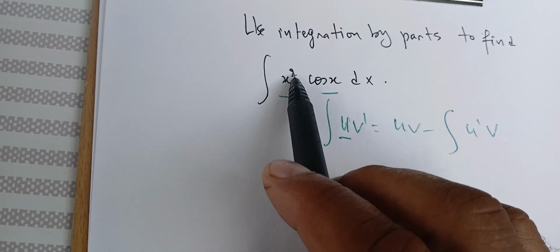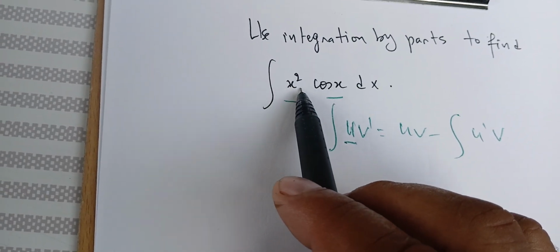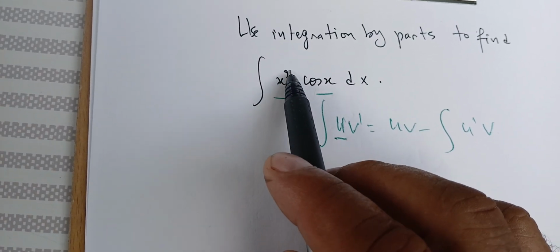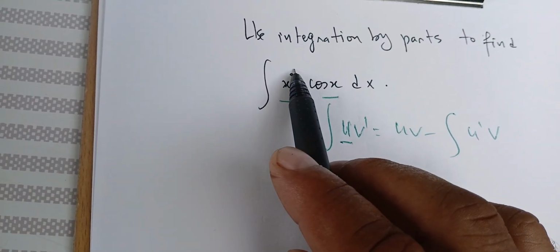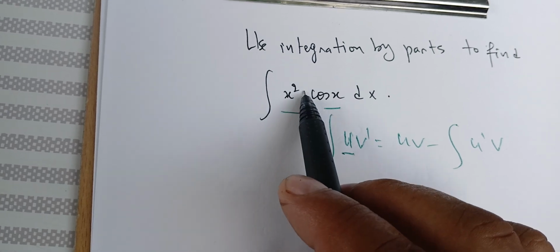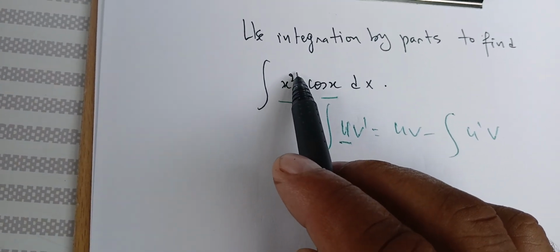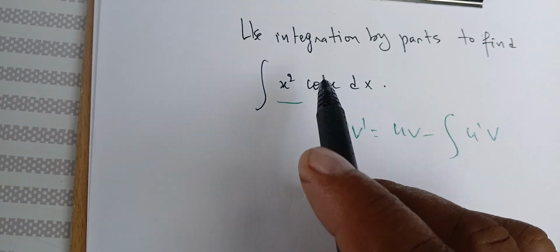the function that we differentiate as the one that will go faster or that will disappear from our integration. And x squared, it's better to differentiate this one because we do it twice and it will go.